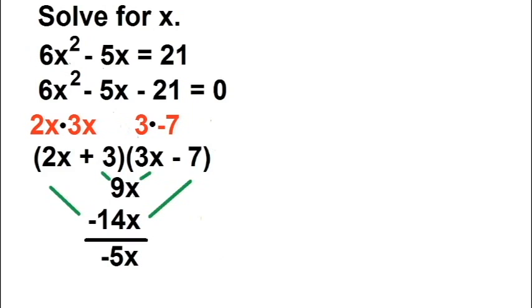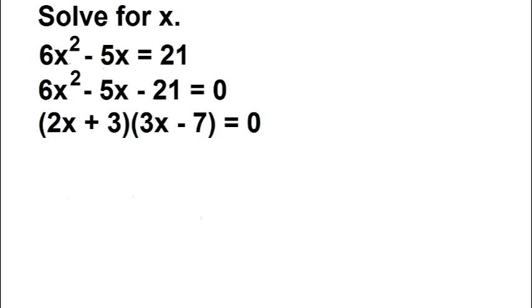What are the possible factors of 6x squared? 2x and 3x. What are the possible factors of negative 21? 3 and negative 7. The factors are 2x plus 3 and 3x minus 7.